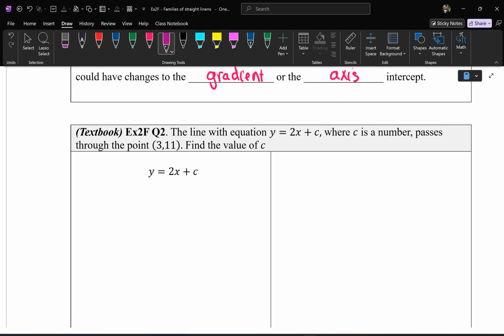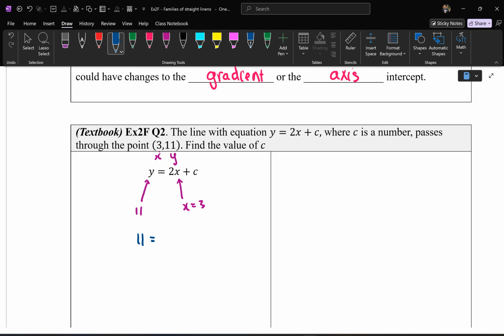They want you to find the value of c if you know that this line passes through (3, 11). If it passes through this point, then when x equals 3, we know the y coordinate has to be 11, according to this rule. Because this specific rule says the line will pass through that point. So, sub it in. Let's solve.